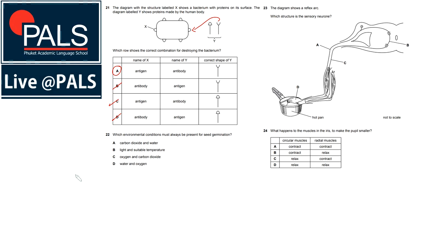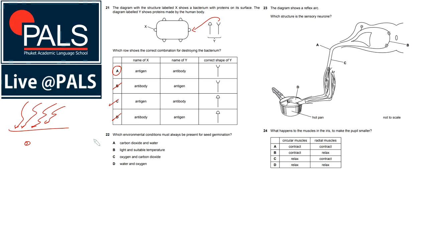Well, seeds are usually under the soil, and underground there is no light, even if it's very bright on top of the soil. If the seed is too far down, it will not receive any light. So that's why light is not required for seed germination. And plus the seed itself cannot do photosynthesis.